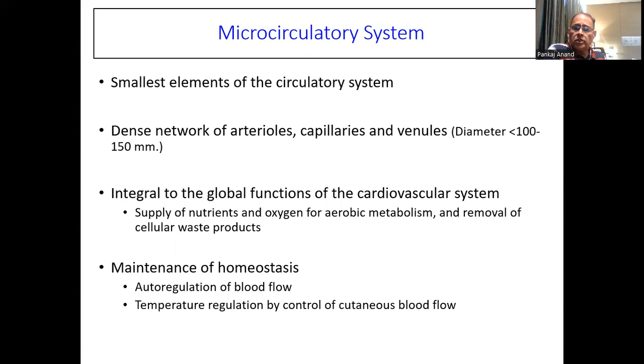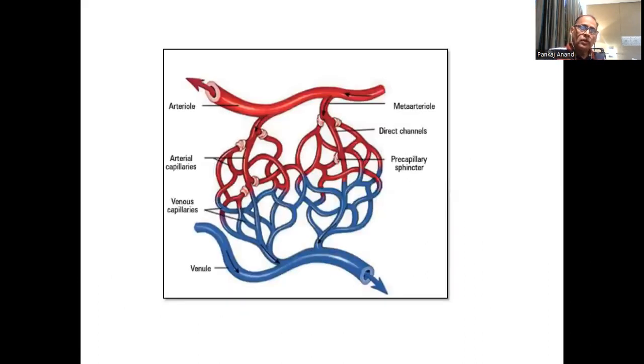The microcirculation is integral to the global functioning of the cardiovascular system, largely because the supply of nutrients and oxygen for aerobic metabolism, as well as the removal of the waste products at the cellular level, occurs via the microcirculation. Also, it is vital for maintenance of homeostasis because it is important for auto-regulation of blood flow as well as regulation of the cutaneous temperature by the control of cutaneous flow.